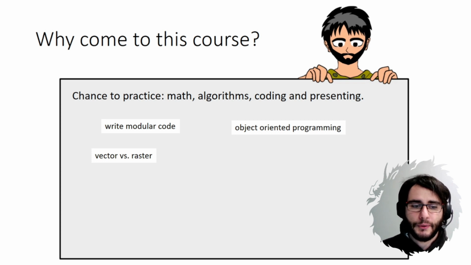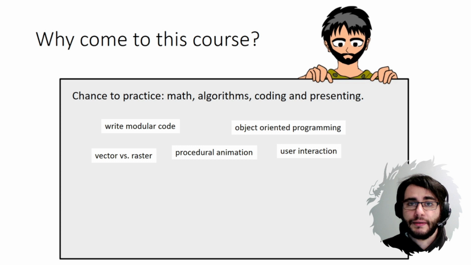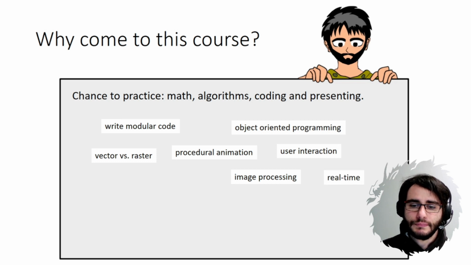They are the two typical ways of drawing things on the screen. We will learn about animation, how to code animation, how to make the user interface and interact with the user, and a little bit of image processing we can try.